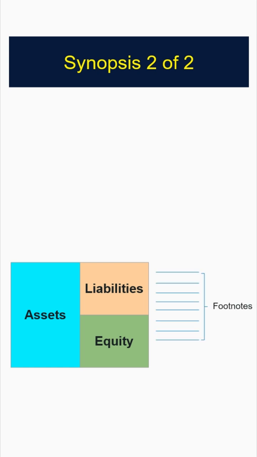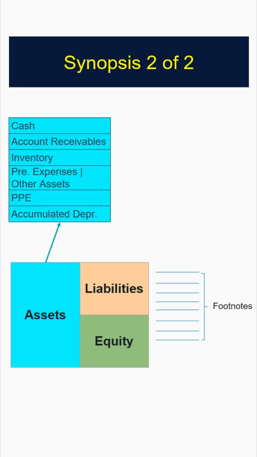Now going a bit deeper here, assets will have multiple accounts which come under various categories. I have named few of them like cash, account receivables, inventory, prepaid expenses, also known as other assets, or PPE, which is property, plant and equipment, and finally accumulated depreciation and amortization. What all these mean, we will learn in the subsequent videos of the balance sheet.